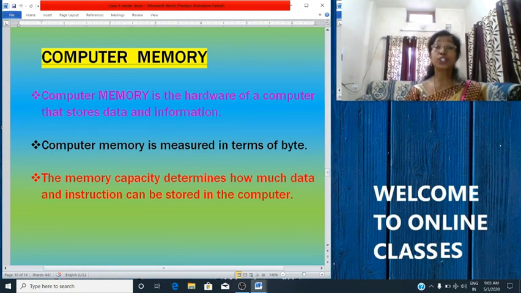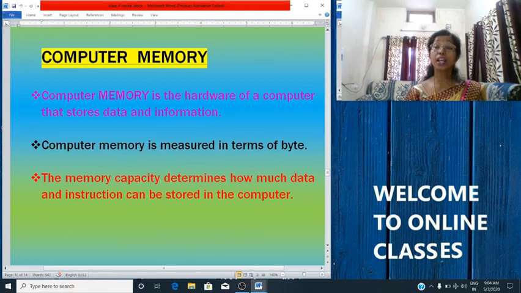There are different storage areas where it keeps the data. It keeps the data either temporarily or permanently while working. These storage areas are called the memory of a computer. Now, computer memory refers to the devices that are used to store data and instructions.